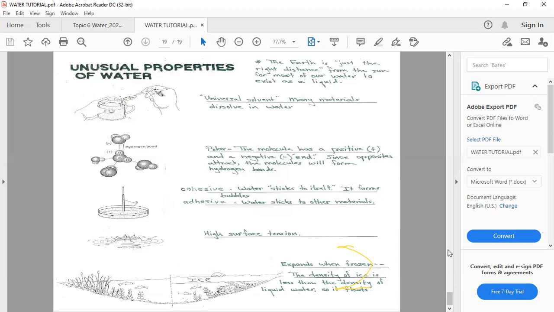One of them is the cooling effect. We are able to cool our bodies through the process of vaporization. The temperature range between melting point and boiling point is 100 degrees Celsius.